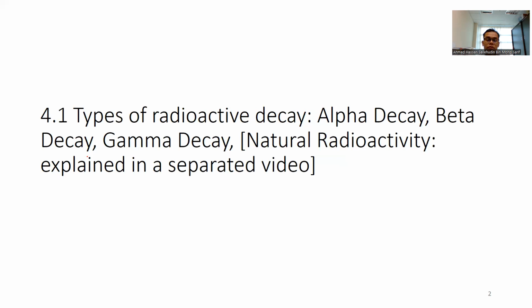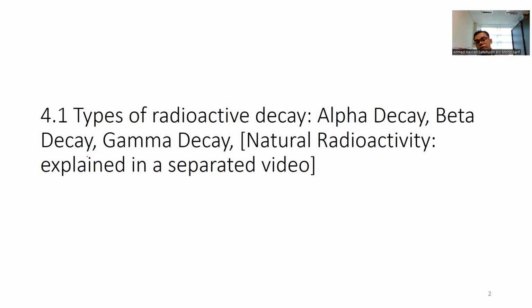So in this video, we will first look at the types of radioactive decay. Basically, nuclides decay because of instability. Because of the instability, a nuclide decays.